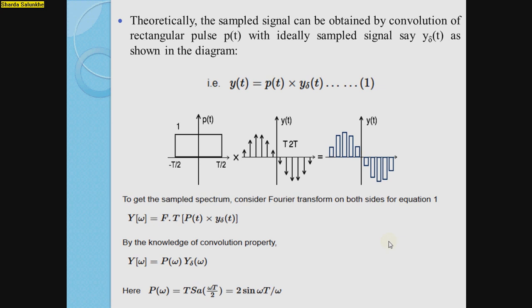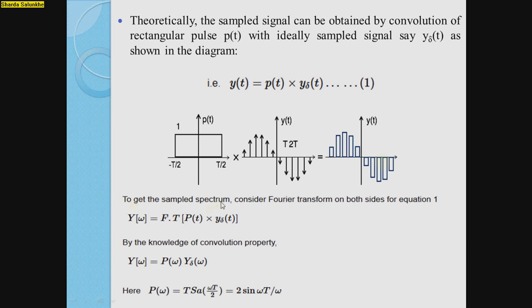So theoretically, the sampled signal can be obtained by convolution of the rectangular pulse p of t and the ideal sampled signal y delta of t. So you will get y of t is equal to p of t into y delta of t. So this is the p of t and this is the y of t, and you will get the y delta of t.